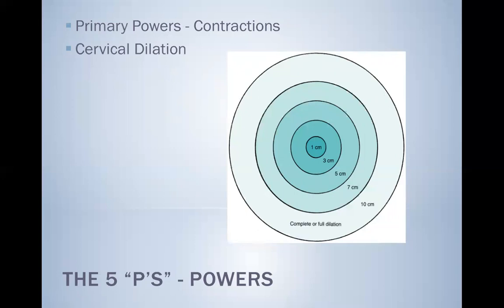That means that the cervix has been completely pulled away from the lower uterine segment and is no longer there. And that is when we're able to start pushing. So we need to have contractions that are strong enough to do that.